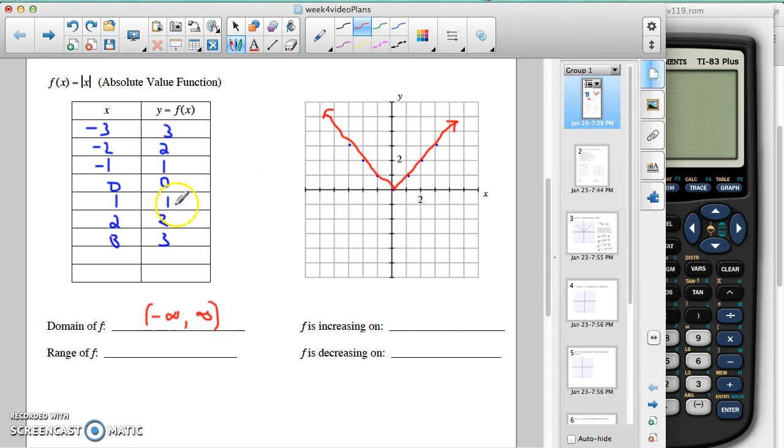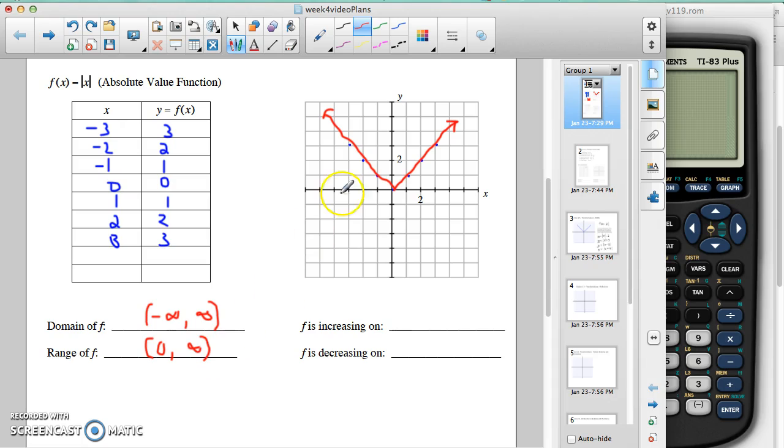If we look at this column right here, we're looking at numbers greater than or equal to 0. So the range starts at 0. We use a closed bracket there to include 0, and it goes to infinity, or upwards to a large value.